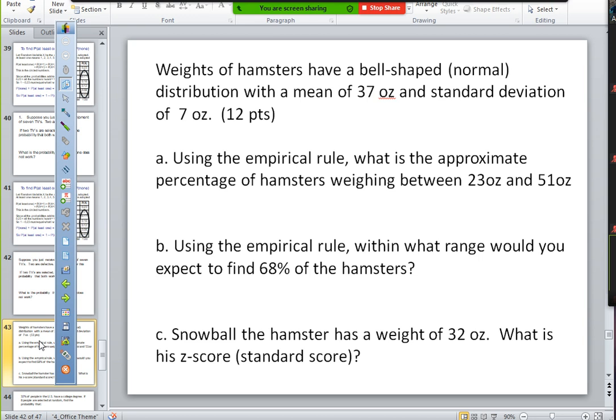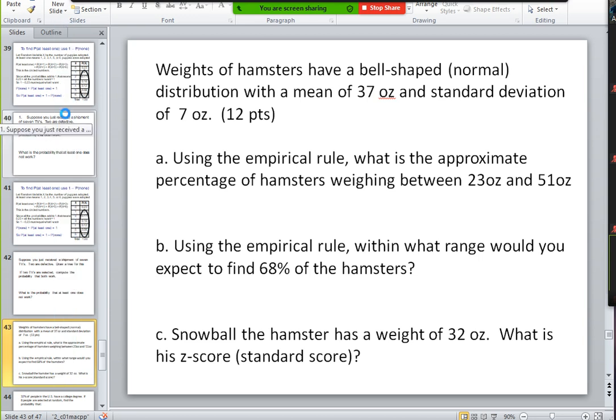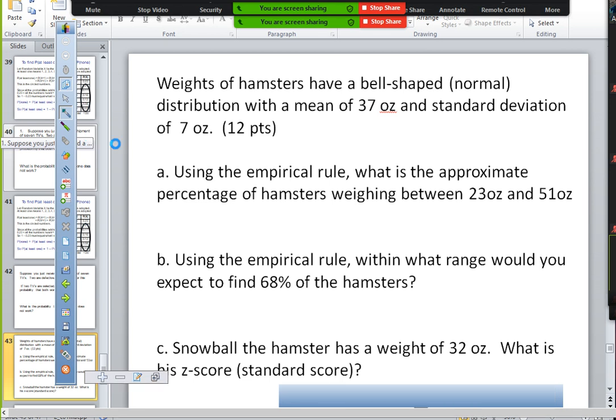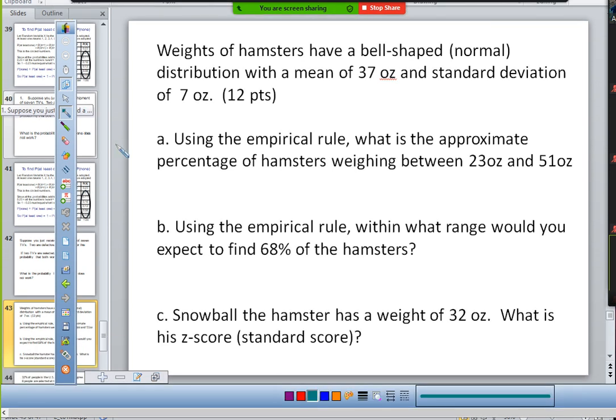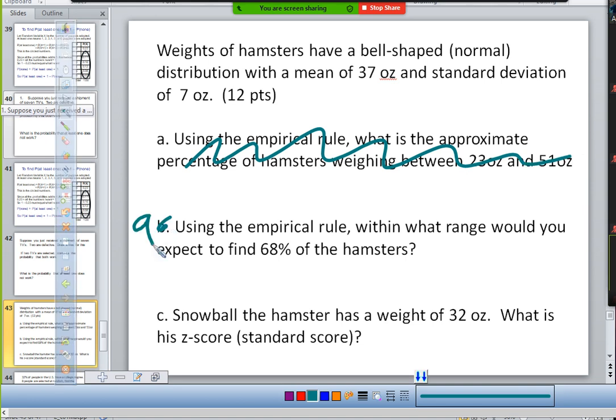Okay. So yes. So empirical rule. I'm not going to worry about this one so much, but let me just ask you this. Like this A. And then for B, I'll say, or better yet, I'll just do this.